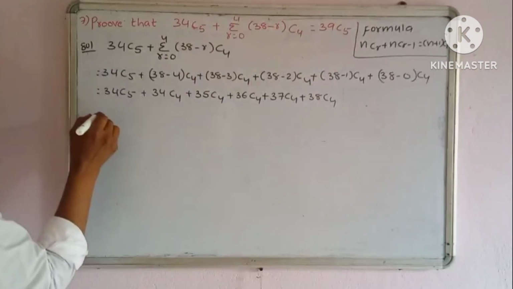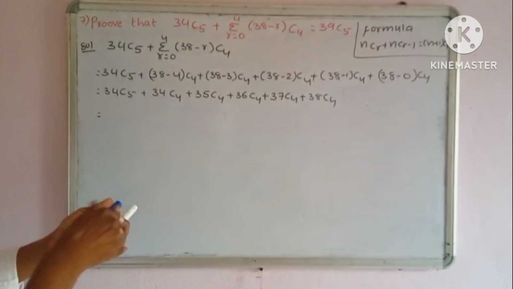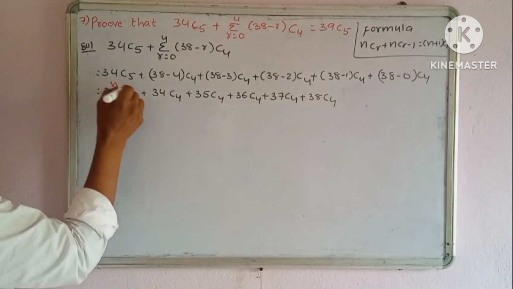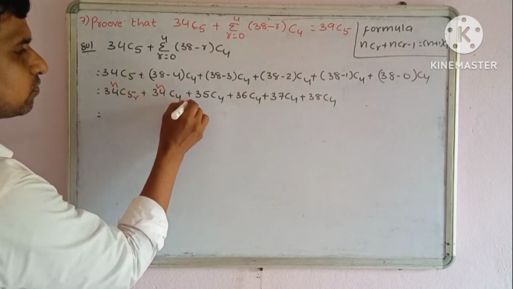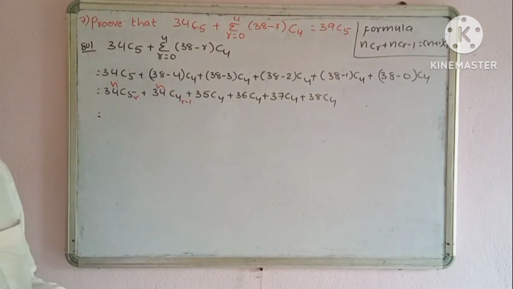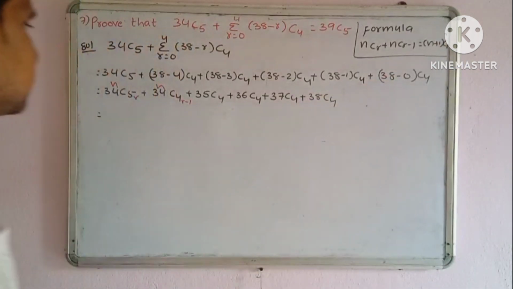Okay. Now see carefully. Here we have nCr, and nC5 minus 1 is 4, so nCr plus nCr minus 1. What is the formula? nCr plus nCr minus 1 equals n plus 1 Cr.